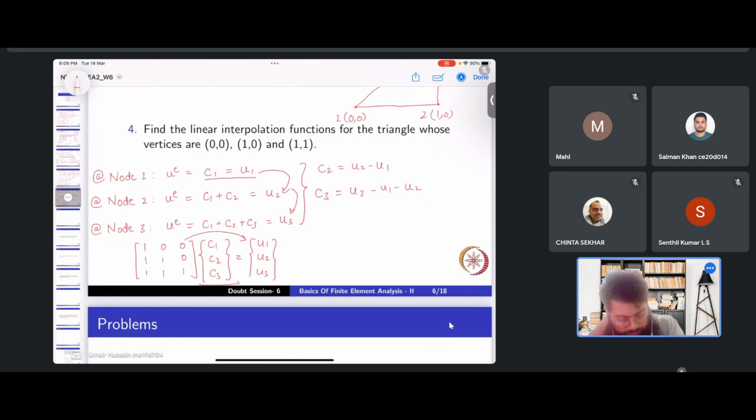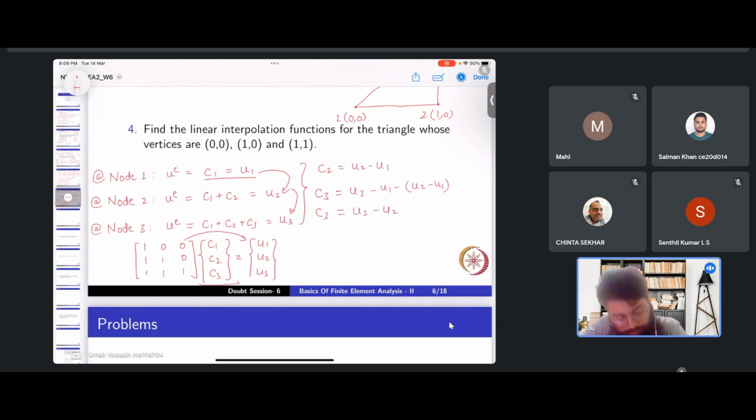Sorry, not minus U2. So C2 equals U2 minus U1. So we'll get U2 minus U1, and this would actually cancel out U1. So we get U3 minus U2. Right. Okay.